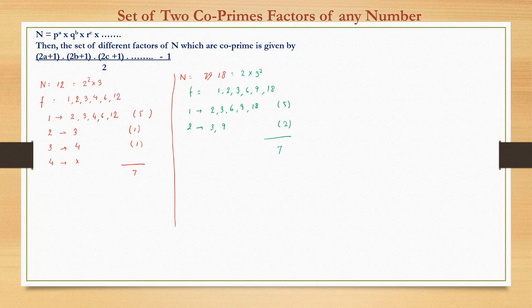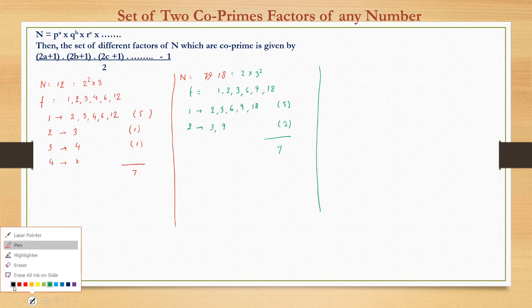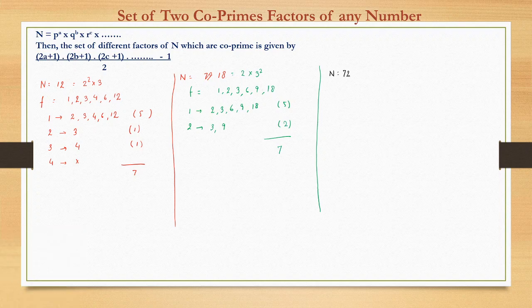Now let's see for another number, say 72. If n is equal to 72, so 72 can be written this way.